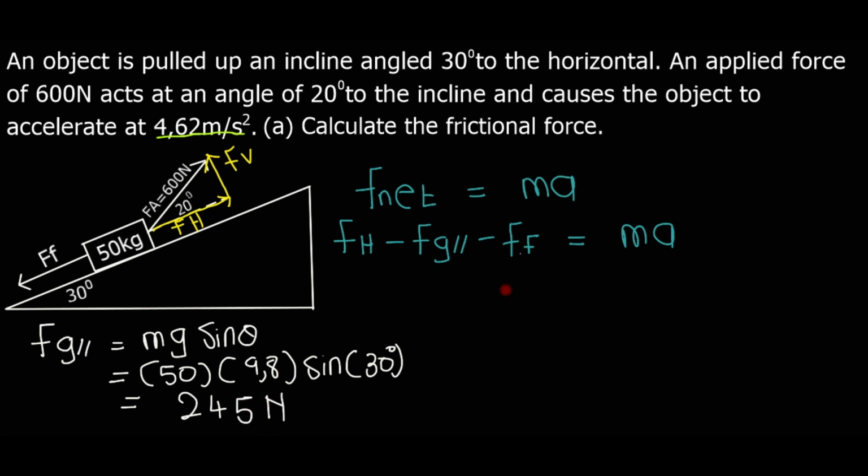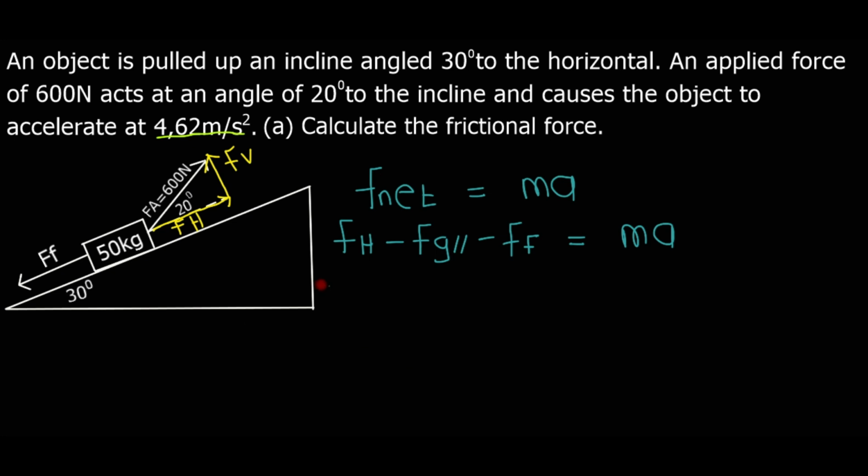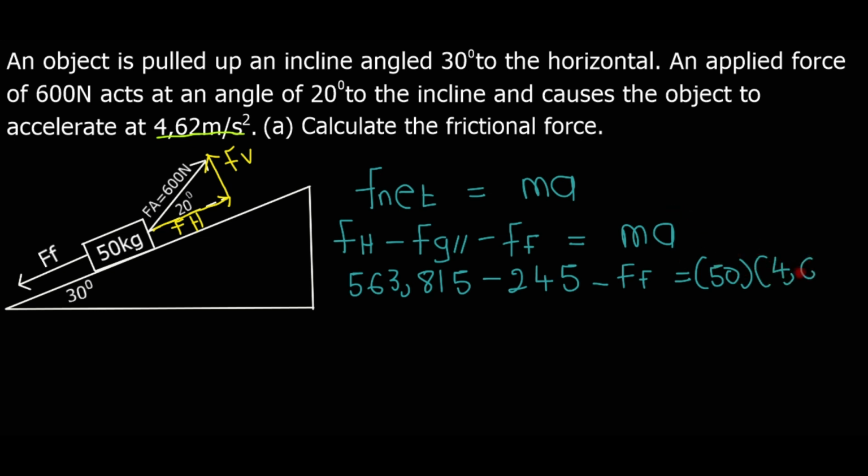So now we're going to calculate the friction. F horizontal is 563.815, and then FG parallel is 245, and then minus friction. Mass is 50, and the acceleration is 4.62. So now let's solve for the frictional force.